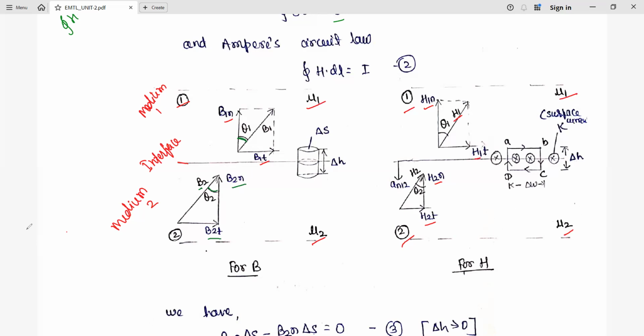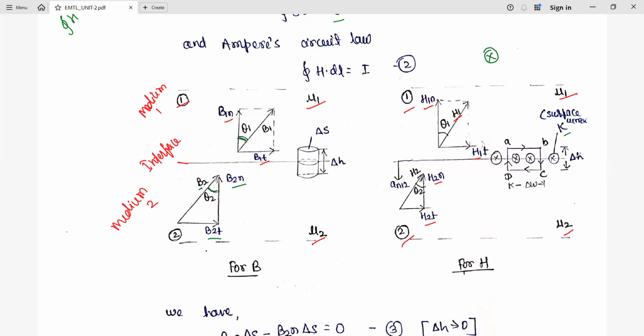Now the important thing is that at the interface, this cross sign with a circle shows that the direction of the magnetic field is inwards, like punching inwards into the paper. At this interface we are considering K as the surface current density, like earlier we had K dS.